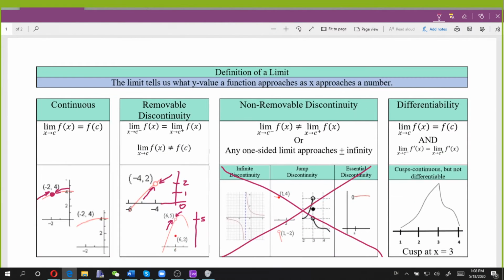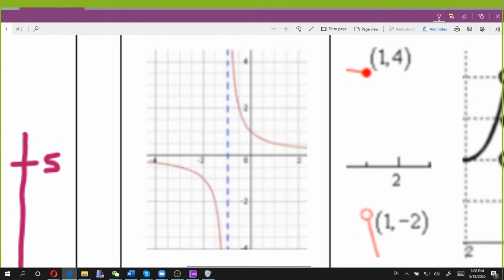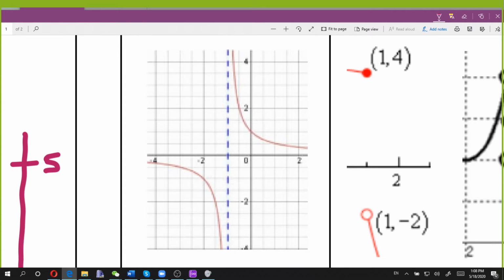Non-removable discontinuities are everything else. So that's whenever you don't have a general limit, your limit from the left is not the same as the right, or any of your one-sided limits approaches infinity. So a couple examples. Here I've got a vertical asymptote at x equals -1. From the left, I'm approaching negative infinity.